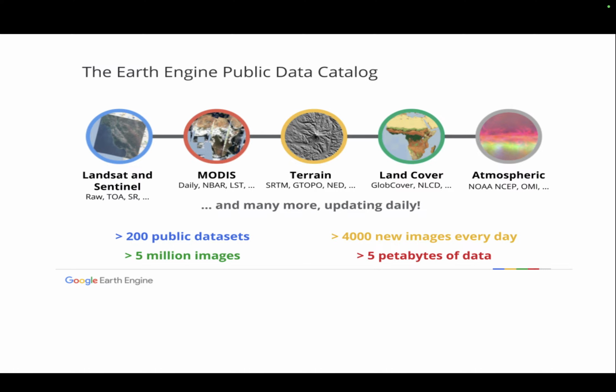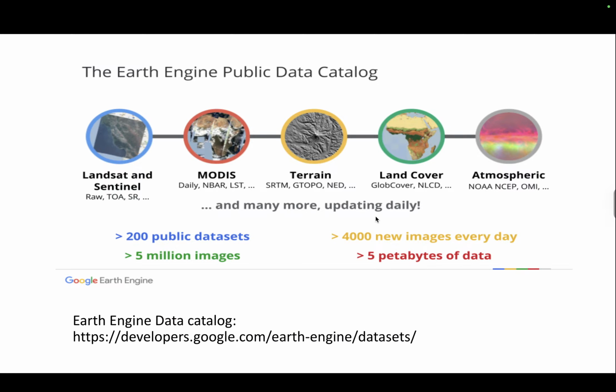This data catalog is updated daily. Here we find more than 200 public datasets, more than 4,000 new images every day, more than 5 million images, and more than 5 petabytes of data that we can easily access. And this is the link, so you can easily visit the link and access all of the Earth Engine datasets.